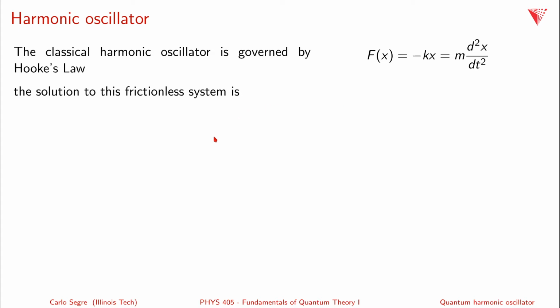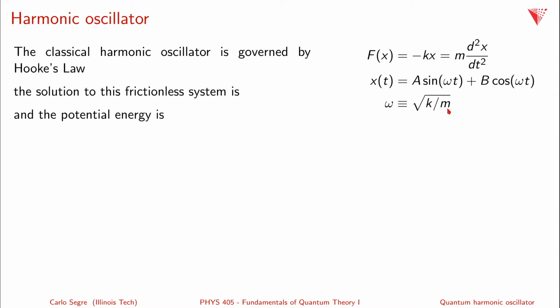The solution to this system with no friction is simply a sine and cosine. So x of t is equal to a times the sine of omega t plus b times the cosine of omega t, where omega is equal to the square root of k over m. Now the potential energy for a harmonic oscillator is 1/2 times kx squared.